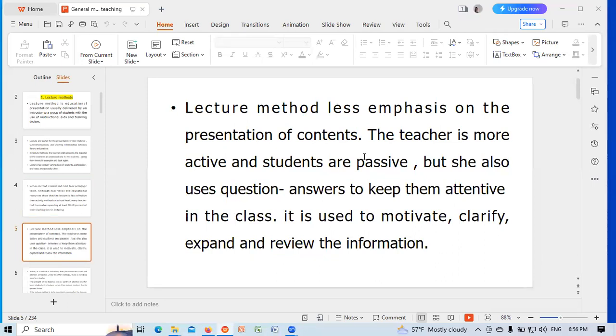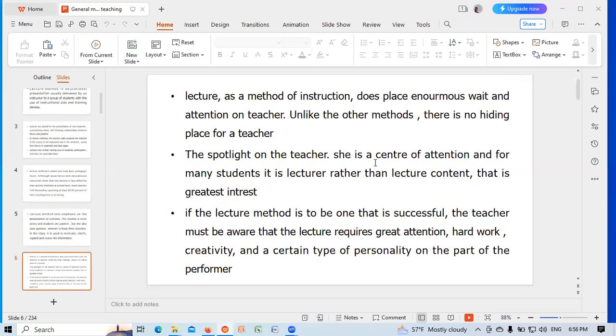The lecture method puts less emphasis on the presentation of content. The teacher is more active, but the students are passive. But she also uses questions and answers to keep the students attentive in class. It is used to motivate, clarify, expand, and review the information.